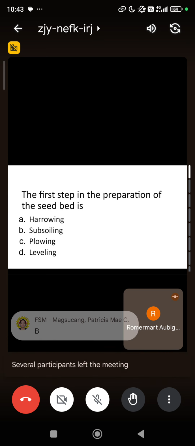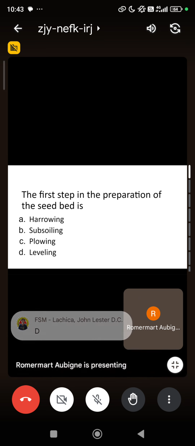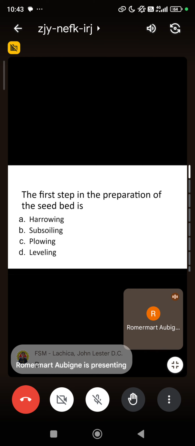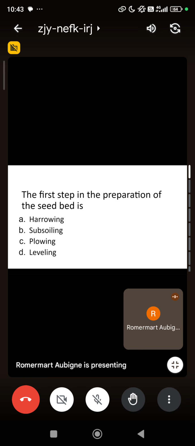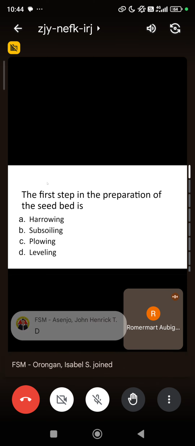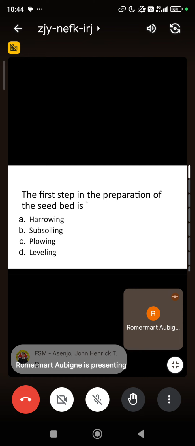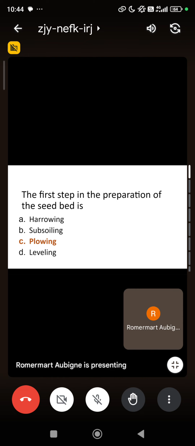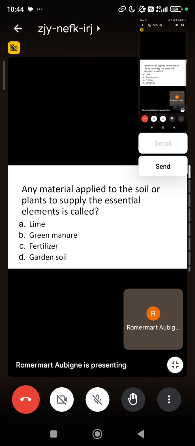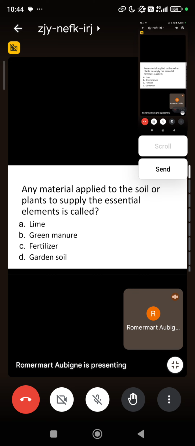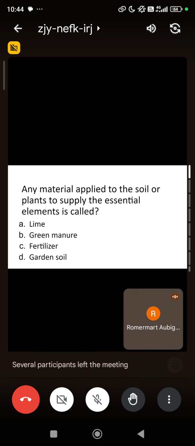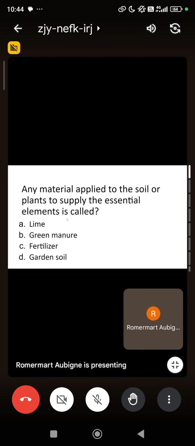C, B, D, B. Iba yung sagot natin. So the correct answer, yung first step na ginagawa natin in the preparation of seedbed is we do the plowing.